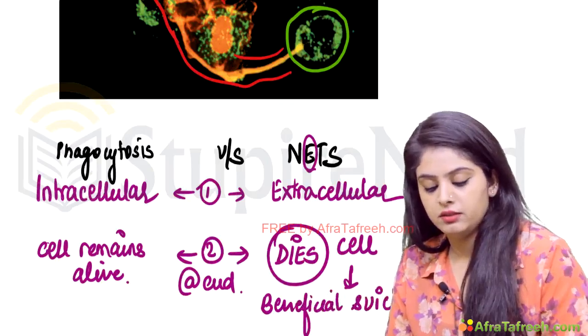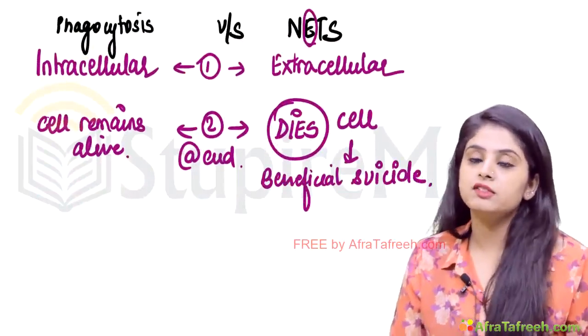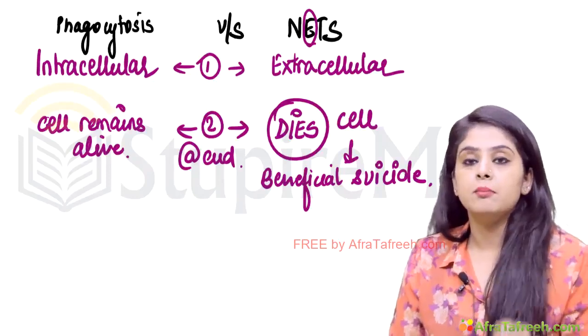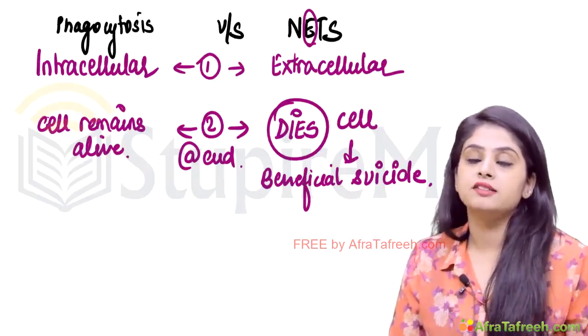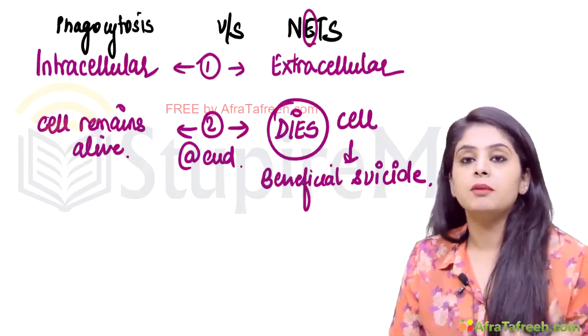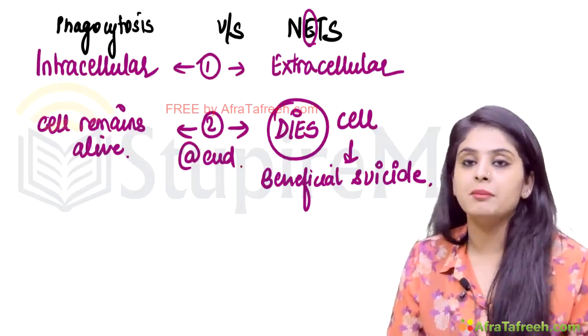So these 2 important differences you must know between phagocytosis and NETs. To repeat again, phagocytosis and NETs are 2 important topics that have come up now, which are becoming favorites with the examiners. So we need to focus on these more for the upcoming exams.